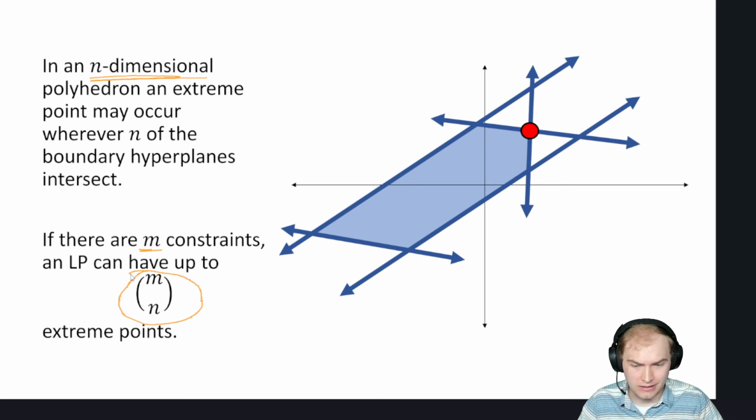And if you haven't had probability or combinatorics or something else like that, m choose n is very, very large, potentially.